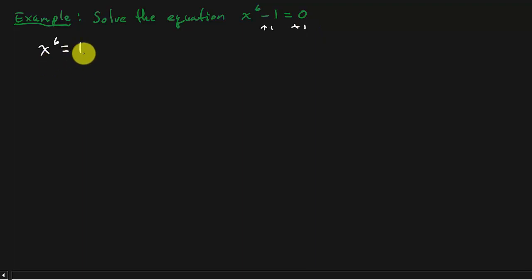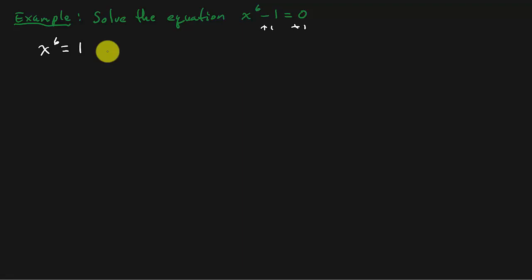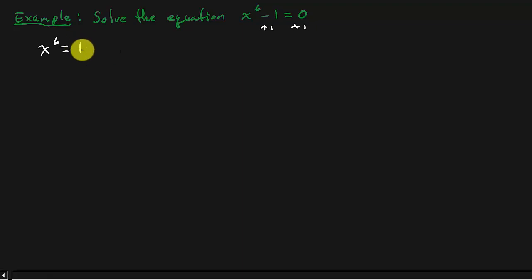And we want to find all 6th roots. Okay? So we need to find all 6th roots of this number here, 1. Now remember, 1 is 1 plus 0i. We can write it in that form, a plus bi.